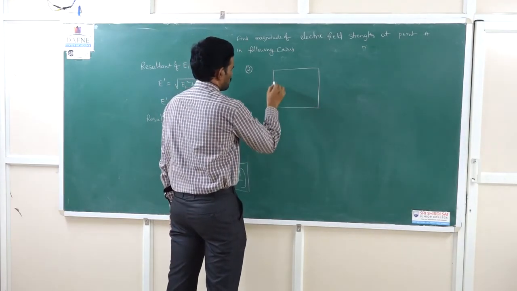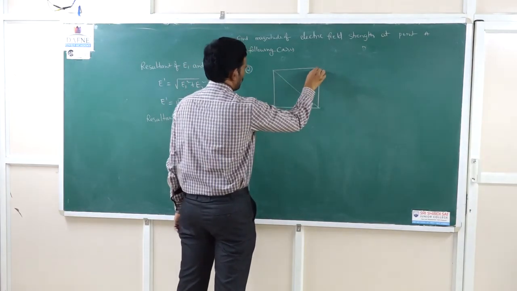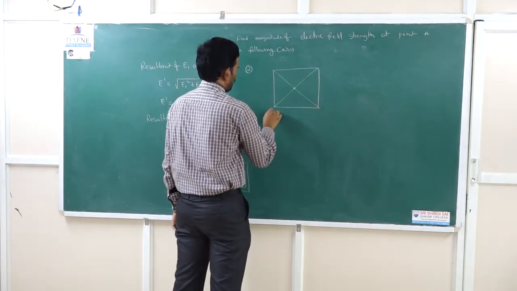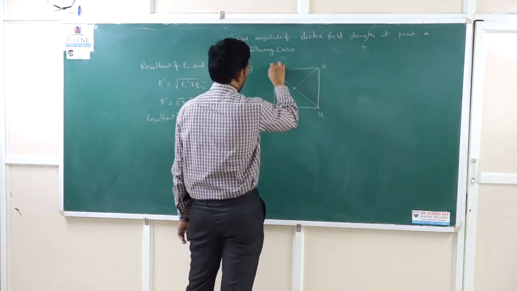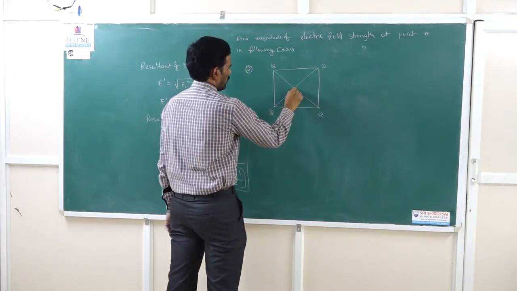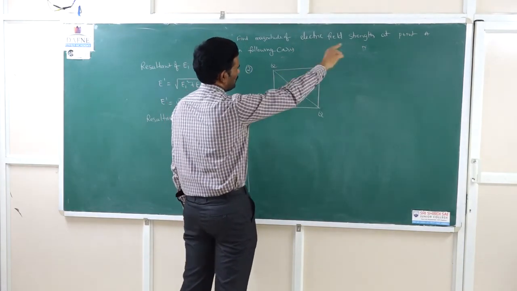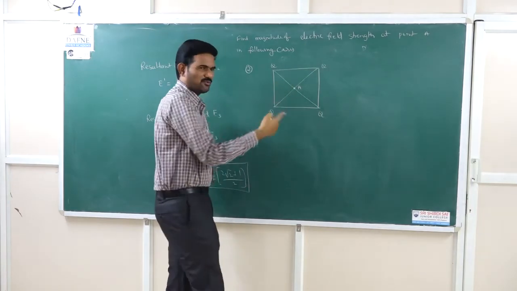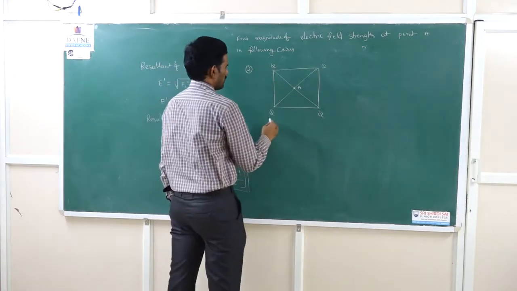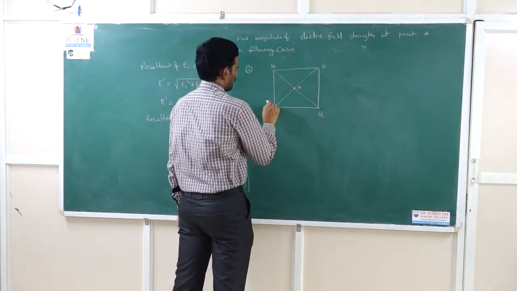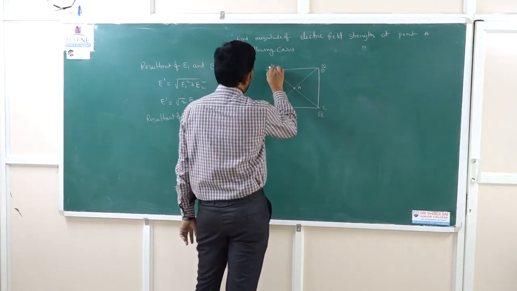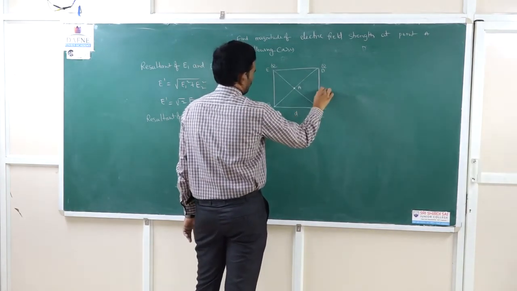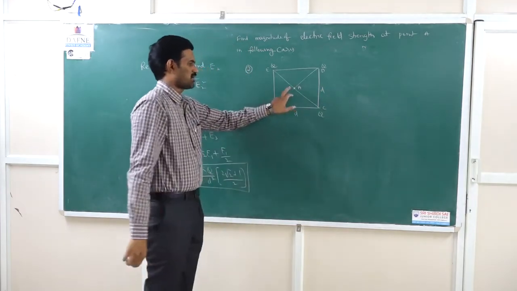Now the charges are taken here at the four corners of the square, like a Q, and this is Q, and this is also Q, and this is our point A. So as we mentioned, field strength at point A in every configuration we need to find. In every case we need to find here. So suppose that this is point B, C, D. This is E, and this is a square of side B here. So at this point we need to find here.